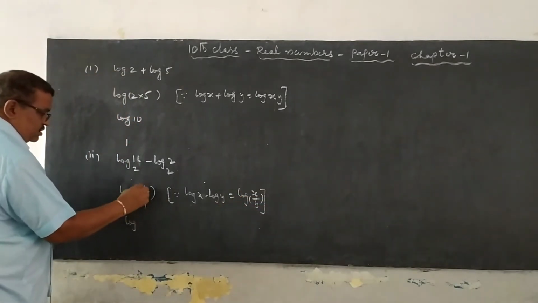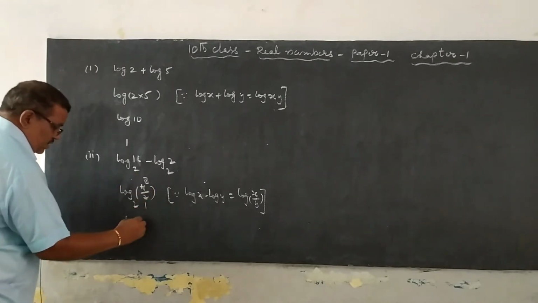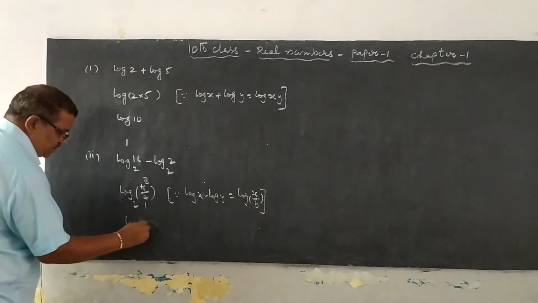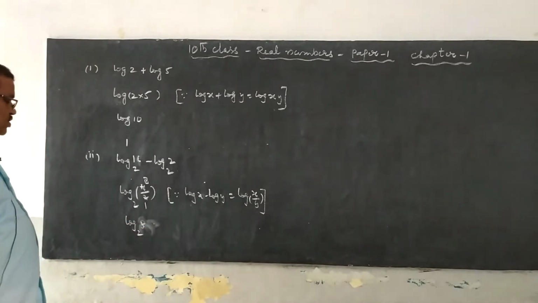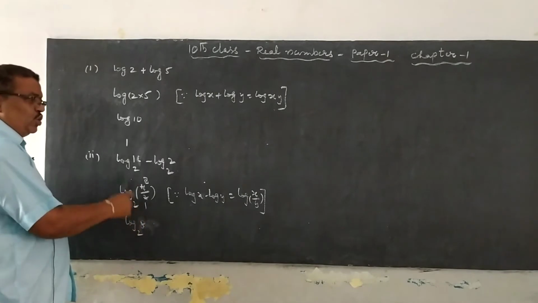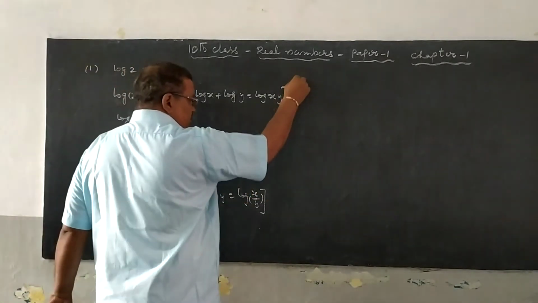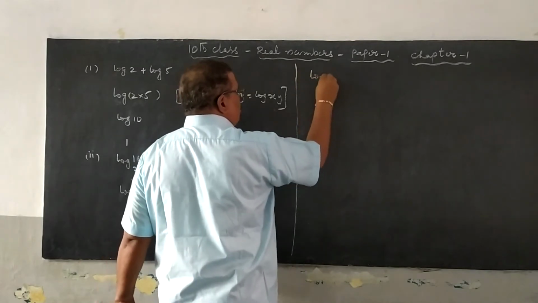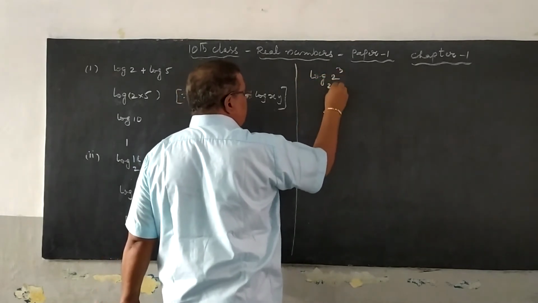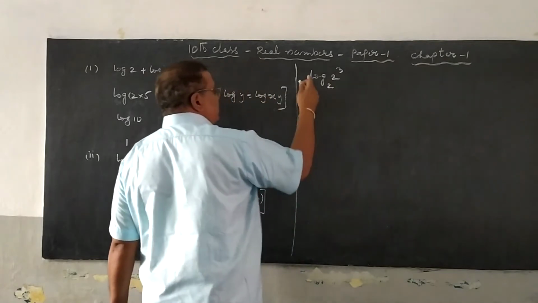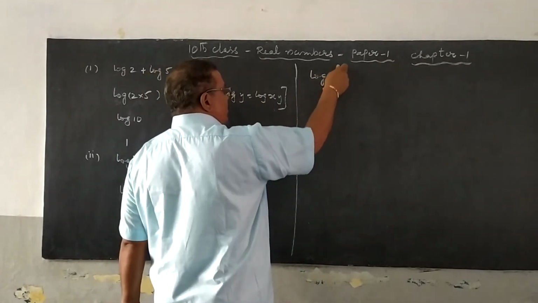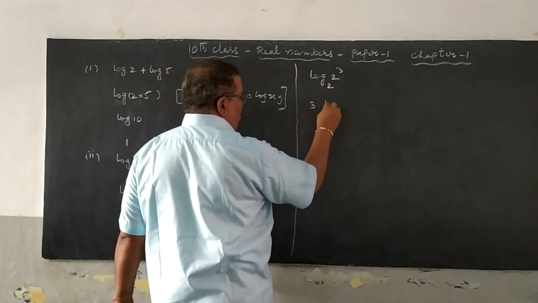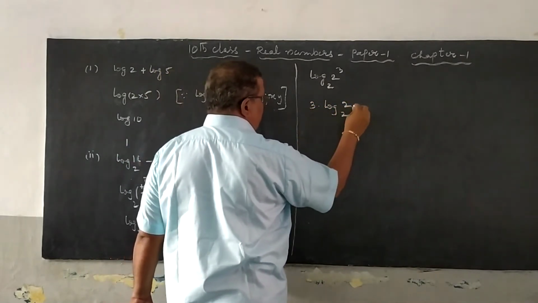So 2 eights are 16, log 8 base 2. Log 8 base 2, 8 can be written as 2 cube. So we have to write log 2 cube base 2. Again, which is in the form log x power m. Log x power m formula is m log x, that is 3 into log 2 base 2.